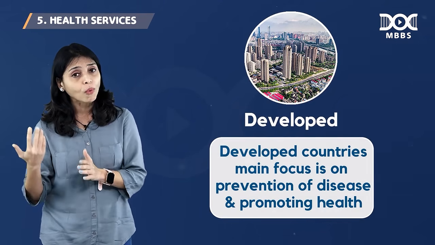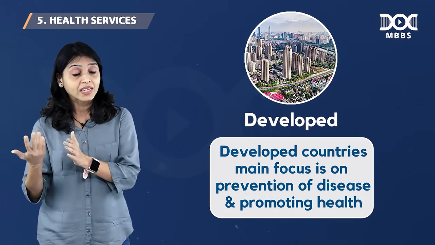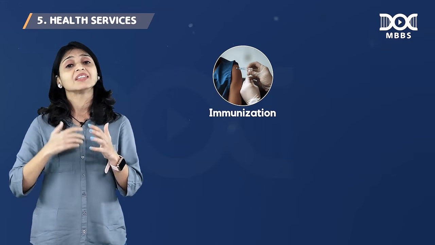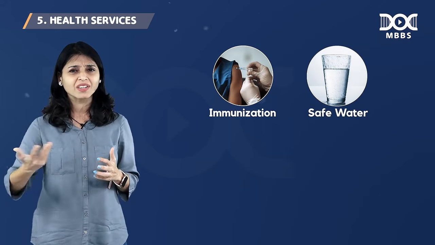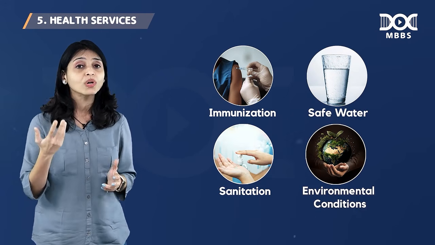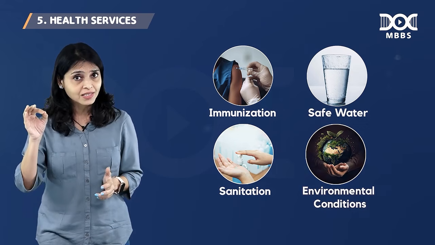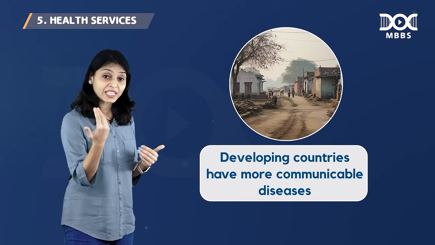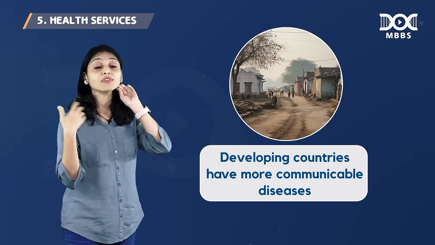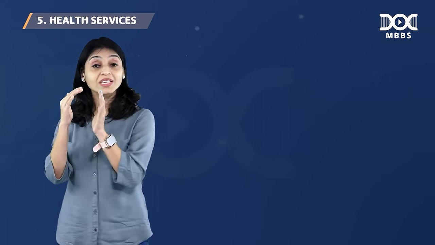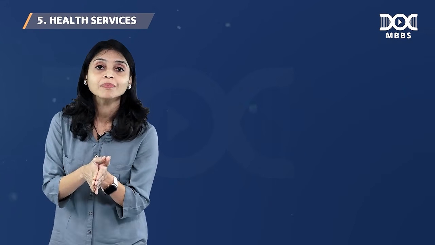Their immunization, safe water, sanitation, environmental conditions are so good that communicable diseases are very few. Whereas in our country, especially in rural areas, we have a lot of communicable diseases.